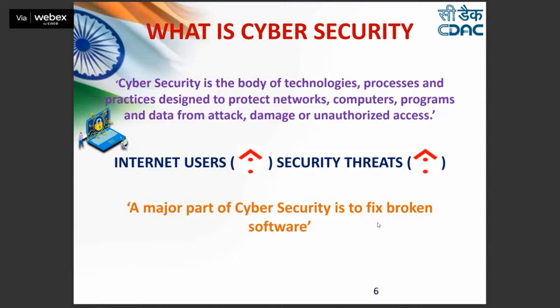So the work of a cybersecurity professional is to search for these vulnerable softwares, and once they find those vulnerable softwares using tools, they update and fix those softwares by doing coding and so on, so that cyber criminals will not be able to exploit or hack those softwares. So these are the work of cybersecurity professionals.